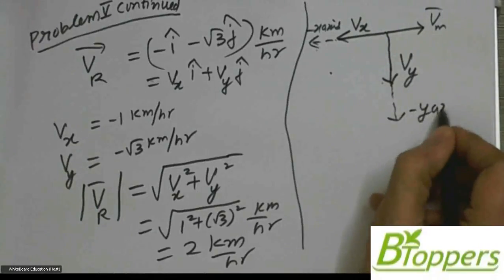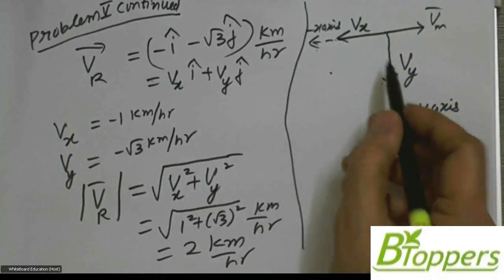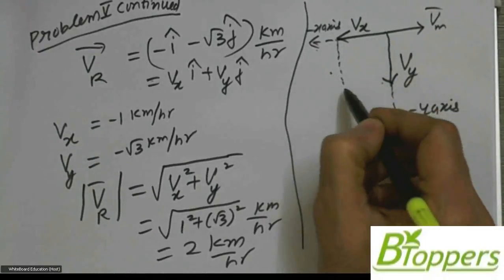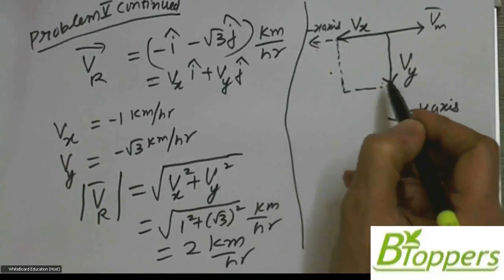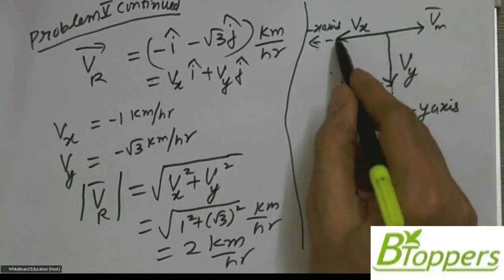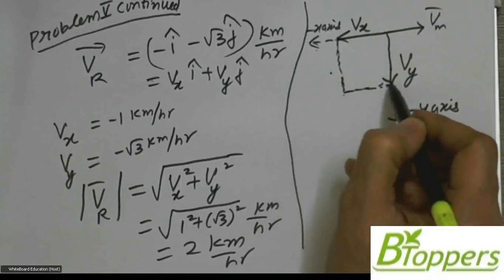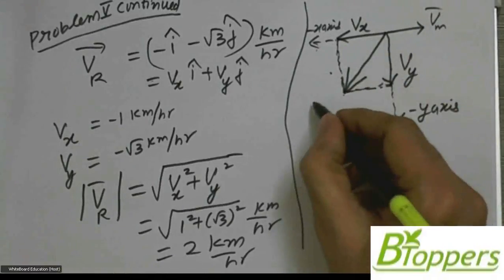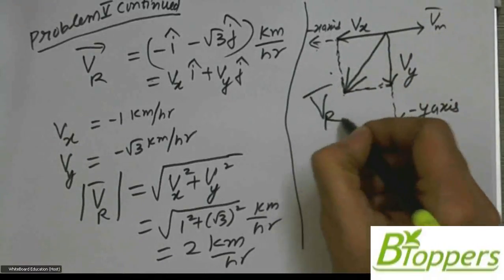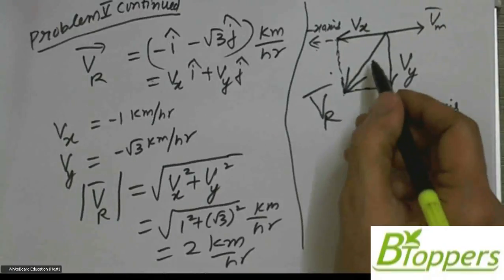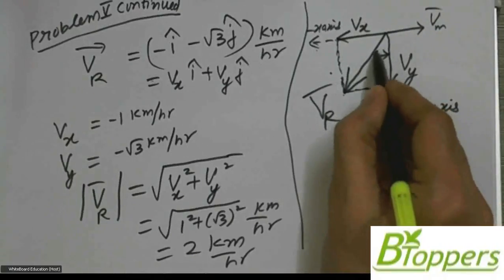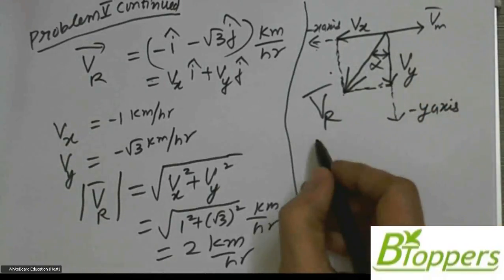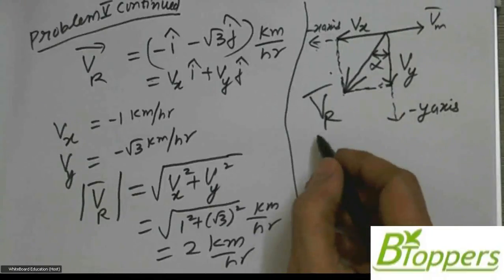The y component of the actual velocity of the raindrops is directed along the negative y-axis. If you complete the rectangle by representing the two rectangular components Vx and Vy by the adjacent sides, the diagonal represents the actual velocity of the raindrops, which makes some angle alpha with the vertical direction. You can find the value of alpha here.